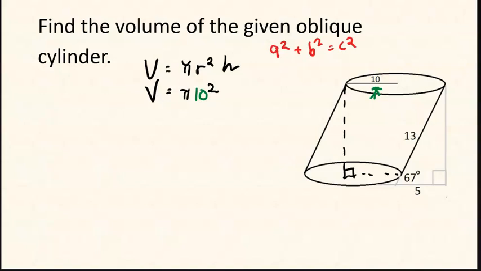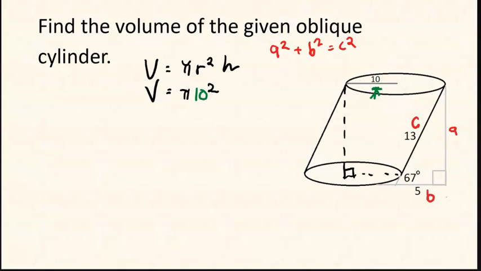Now I prefer to always label my hypotenuse first. I believe I also have a video on the Pythagorean theorem. Or, like I said, you don't have to stick with my videos. You could always go search the interweb and see what's out there. Then from there, I'm going to label my legs. It does not matter how I label them, so I'm just going to label them A and B.